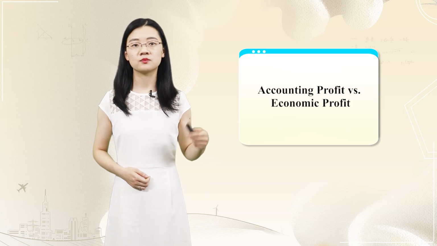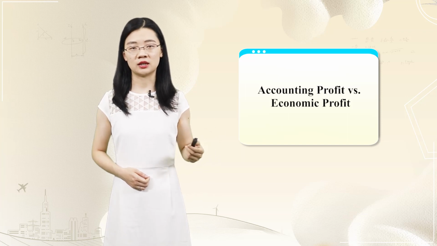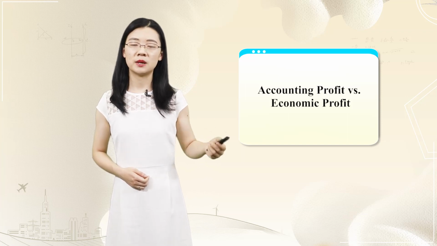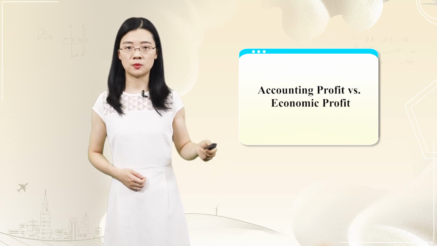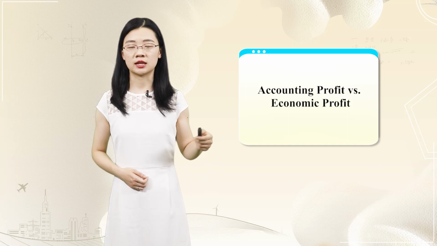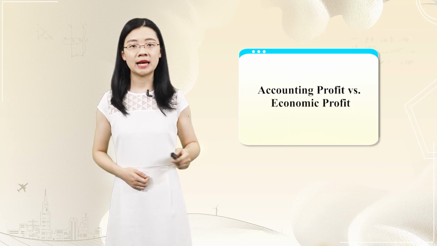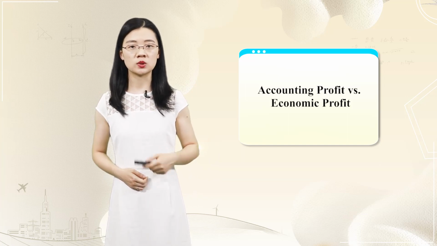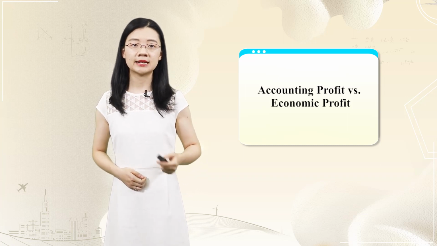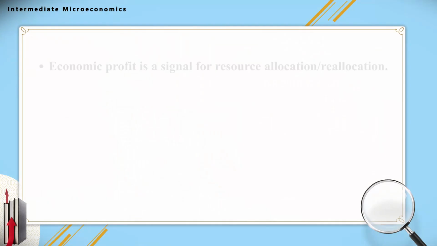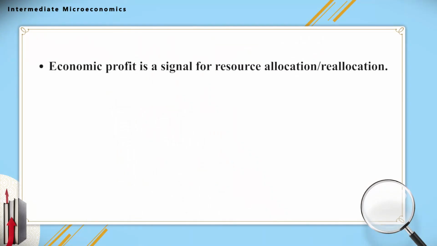Conversely, if a producer faces a negative economic profit, it means that the producer has given up higher possible value for using these economic resources, and it should have used the resources in alternative ways. It can be seen that economic profit is a signal for resource allocation and reallocation.